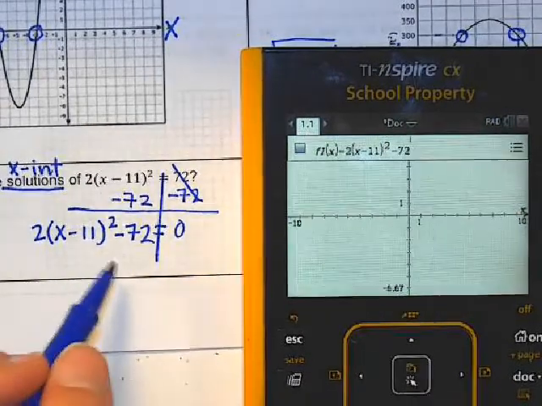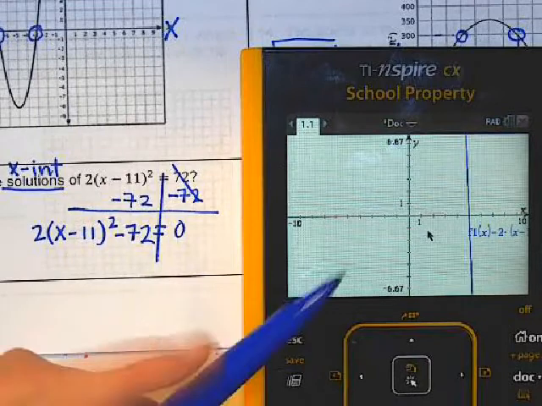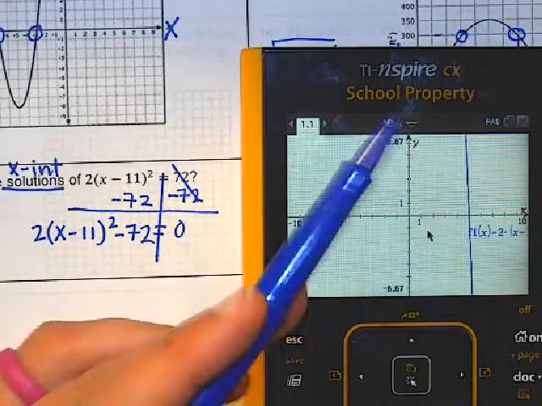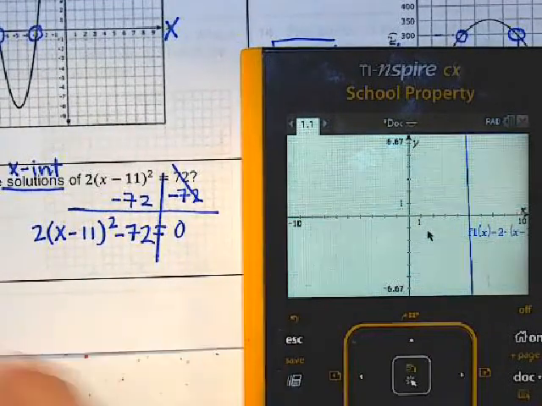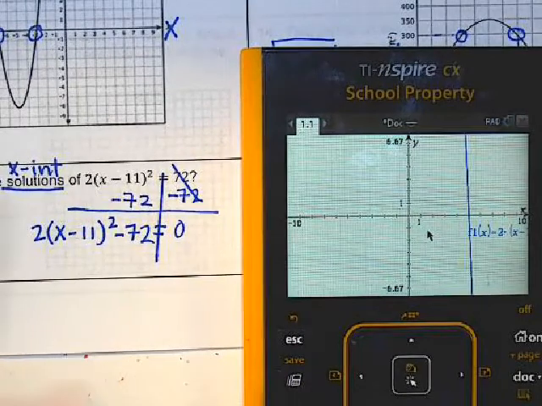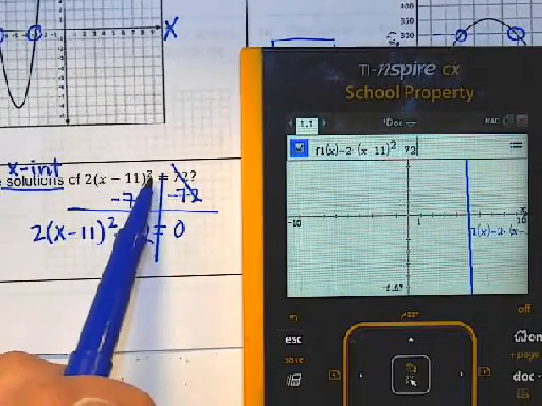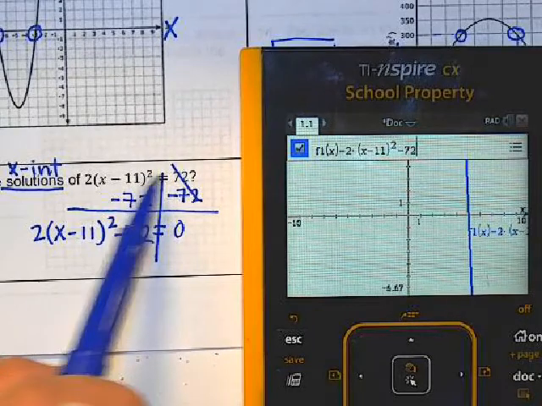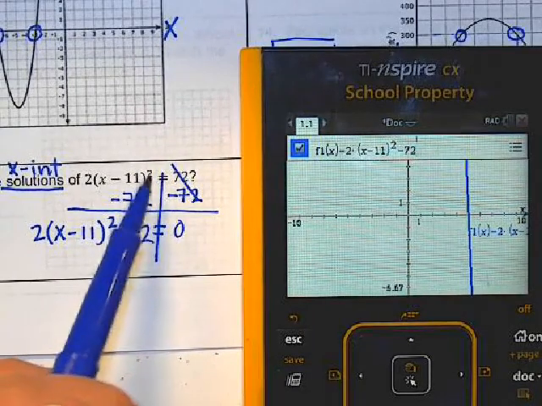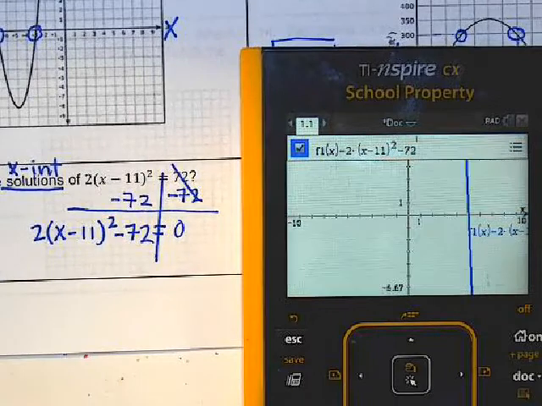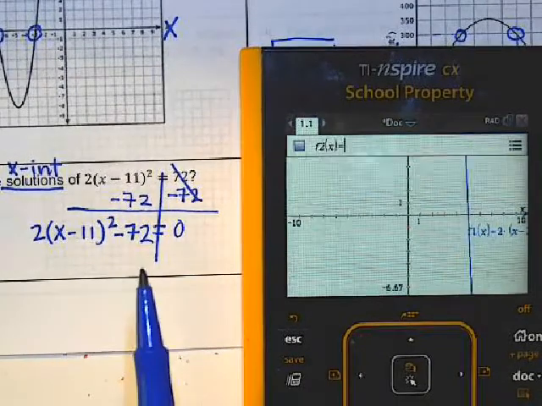Okay? All right, so I've got a line. What is this line? Is it linear? Yes. Do I have a squared in my problem? I have squared, so can I have a linear line if I have squared? No. So what happened here?